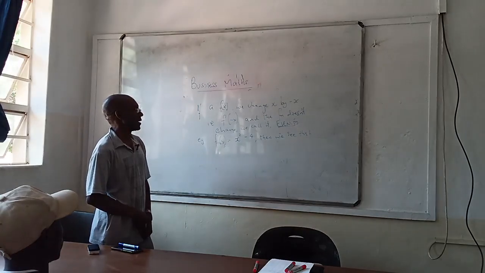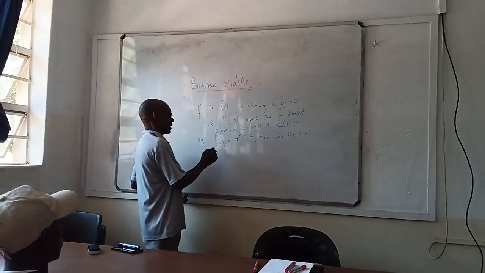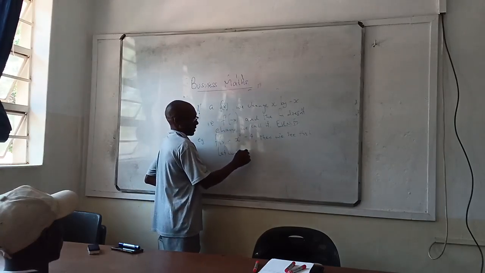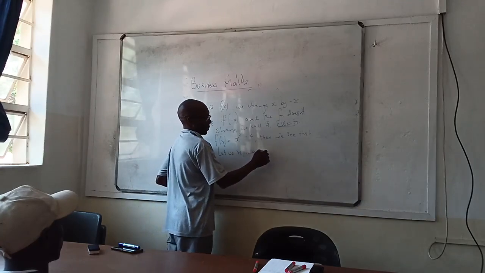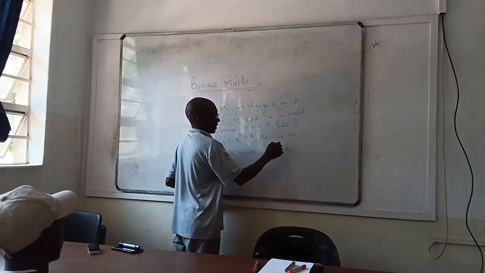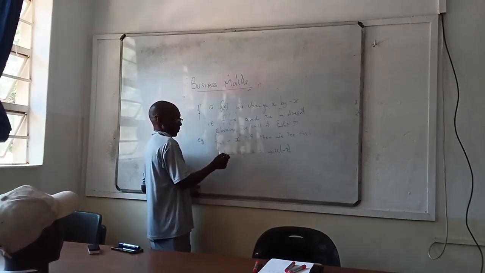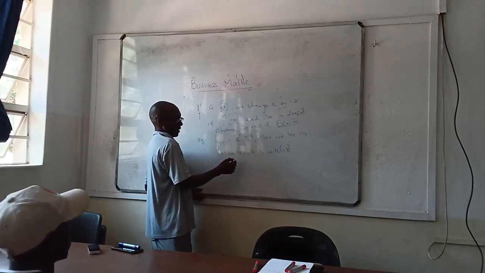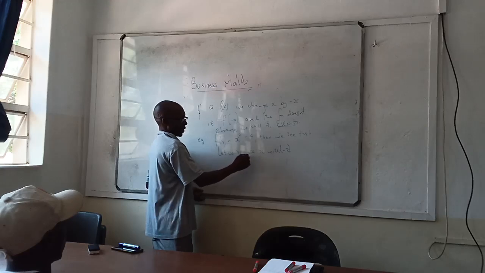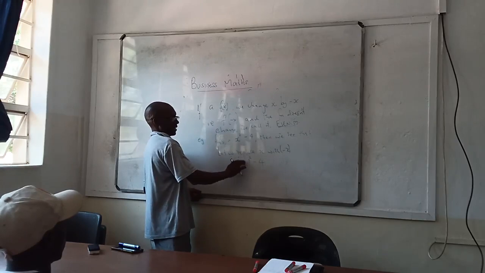Then we are saying, let's replace x with negative x. Where there is x, you put negative x, squared minus 4. See, we have replaced the x with the negative here.